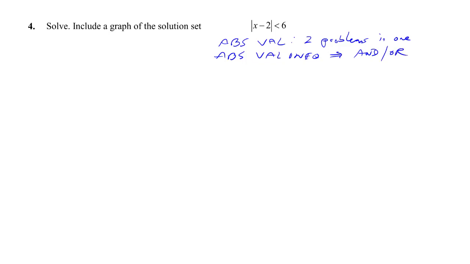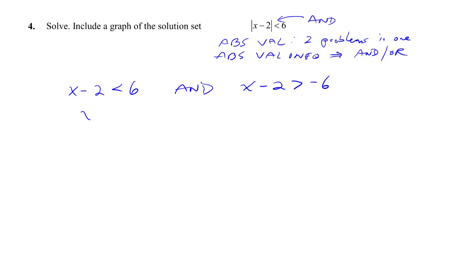Since I have less than, this is an "and," so I'm going to break it. x - 2 < 6 and x - 2 switched to greater than, switched to negative 6. Solve these separately, put it back together.